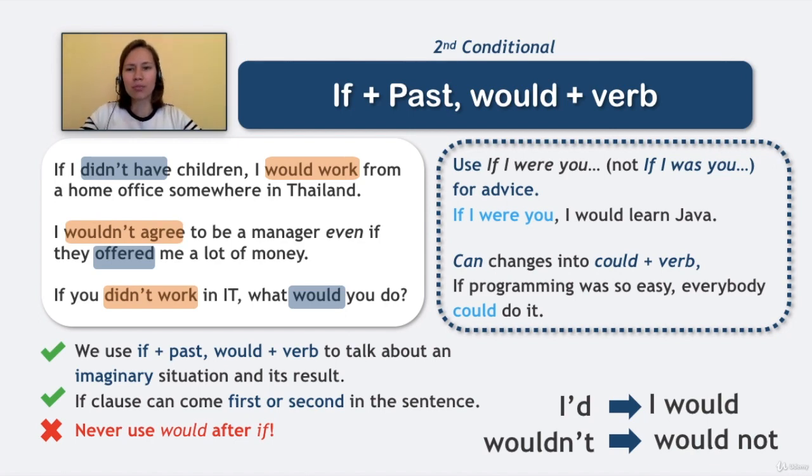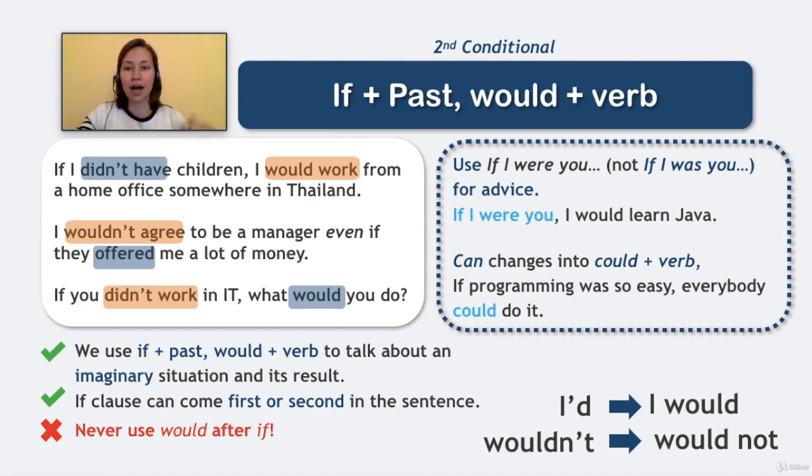So, for example, if I were a millionaire, well, obviously I'm not a millionaire, but if I were a millionaire, I would buy myself a Ferrari. Okay, so this is something that is not true in the present, but I imagine this. And in these cases, I need to use conditional sentences, and these conditional sentences are type 2.